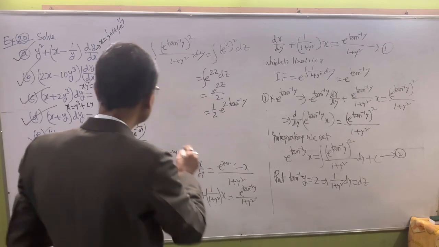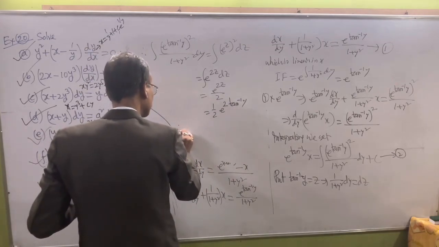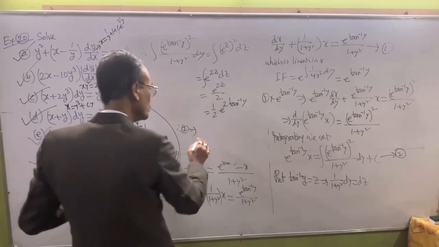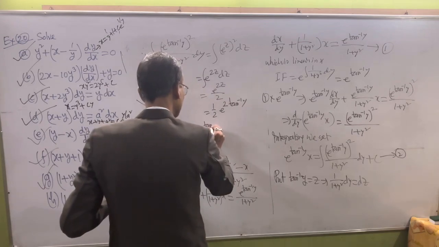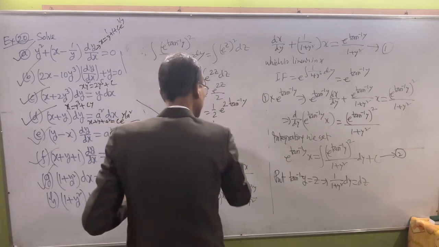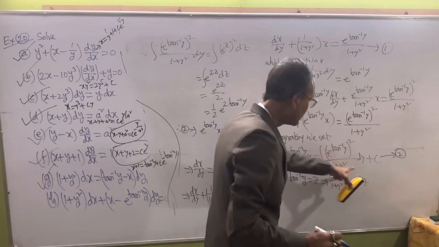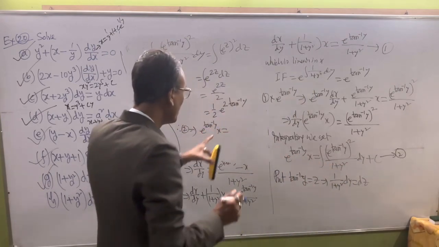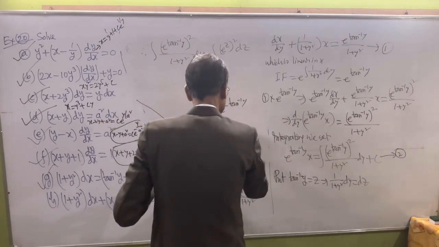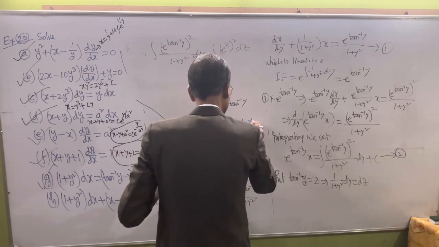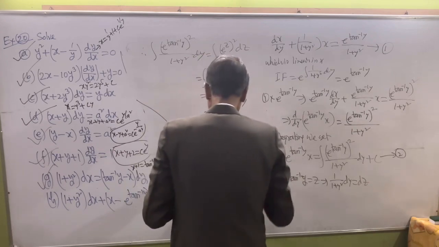Therefore, 2 implies e to the power tan inverse y into x equal to the integration, what is its integration, 1 by 2 into e to the power twice tan inverse y plus c.